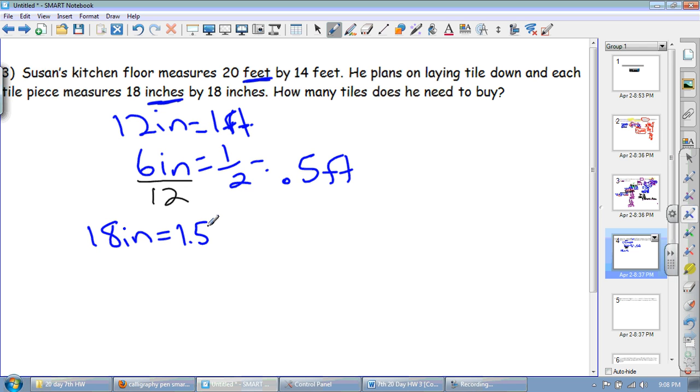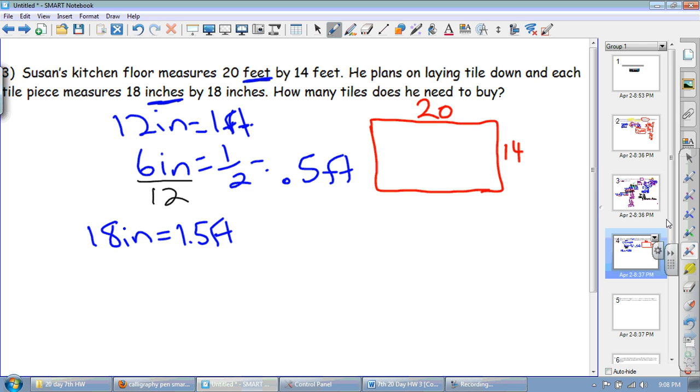Okay, now we can draw our picture. Here's the floor, and that is 20 by 14. Here is the tile, and it is 1.5 by 1.5. Just like we said in class, we're going to have to find the area of the whole shape.